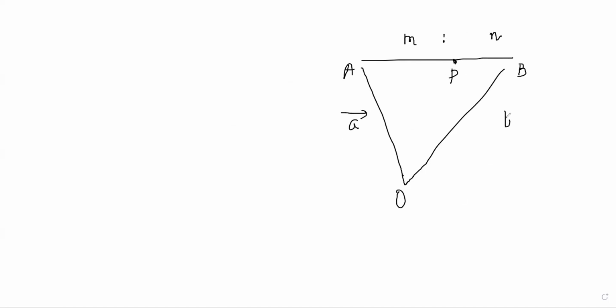So I will draw the figure again. A, B, origin, P, m is to n ratio. This is A vector, this is B vector. And I want to find this P vector, right? So we know that AP by PB is equal to ratio m by n.